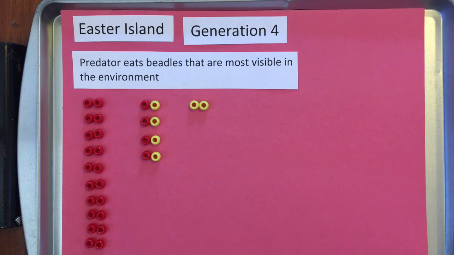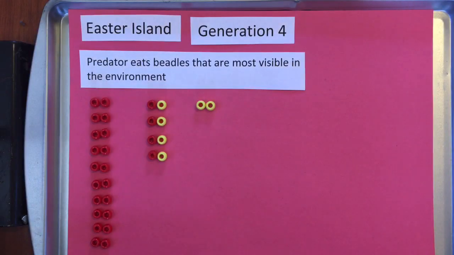Just like every set of human parents doesn't have the same number of babies, each set of beetle parents can have different numbers of babies too, and if there are plenty of resources, they might have more babies. The main thing we want to focus on is how many of each genotype and how many of each allele. So at this point, you should pause the video, count the number of each genotype, the number of each allele, and calculate the allele frequencies.